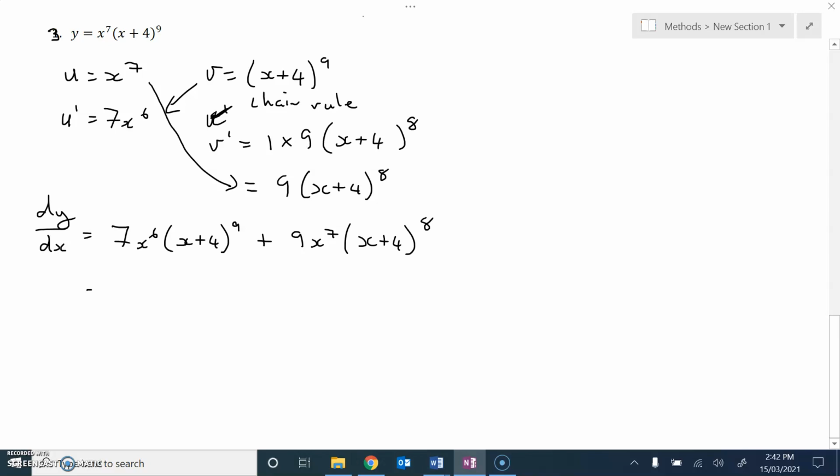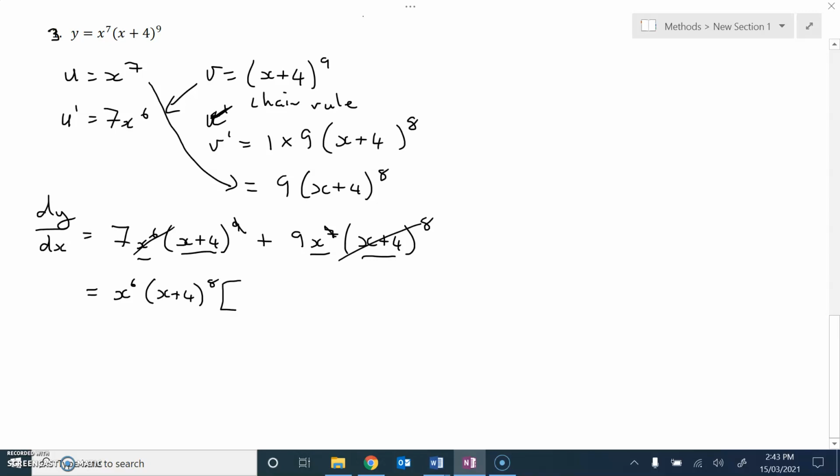Now that's the derivative. We can take out some common factors here. I've got x to the 6 and x to the 7, so I can take x to the 6 as a common factor. I've got (x plus 4) to the power of 9 and (x plus 4) to the power of 8, so I can take (x plus 4) to the power of 8 as a common factor.